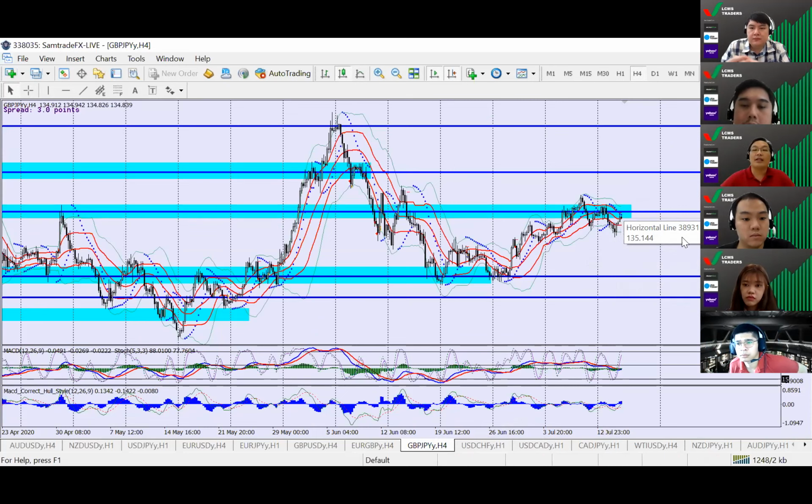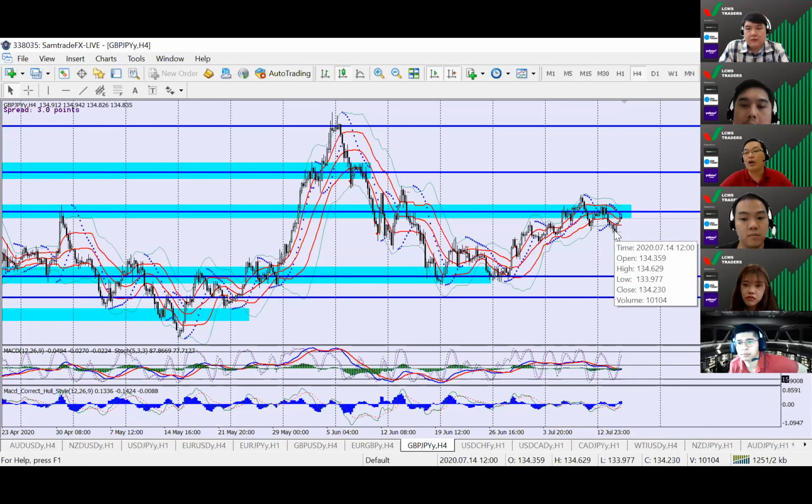Yesterday I was looking at this, and it seems to be a little bit of a double top, and it was breaking through. I was looking at a possible continuation down because of the bias to sell, but in the late evening or night Singapore time, there was some form of recovery for the pound, but I don't believe it will break this resistance level.